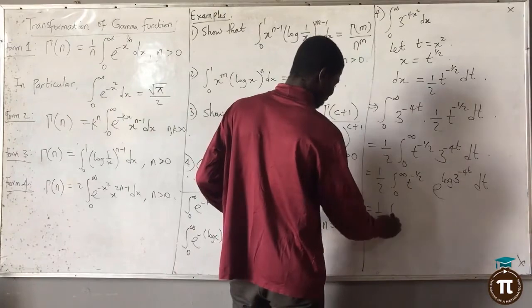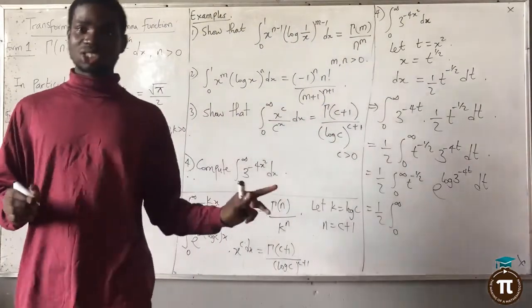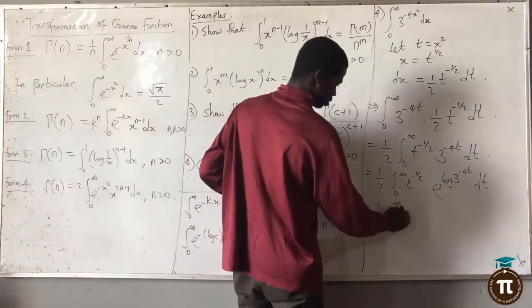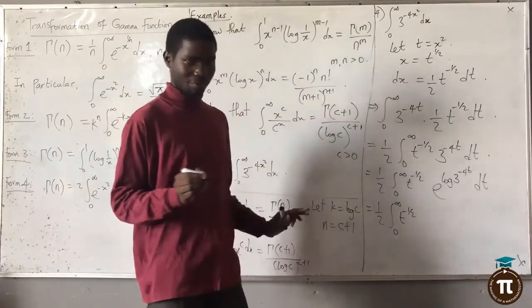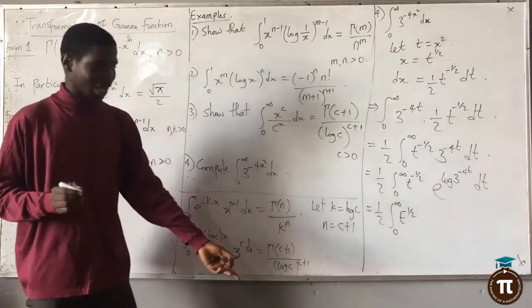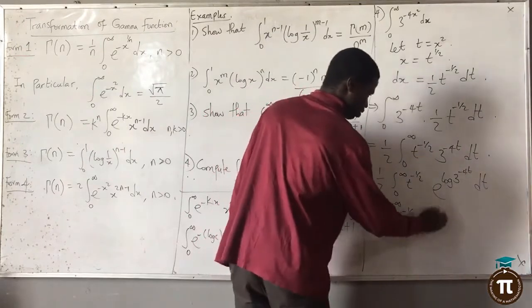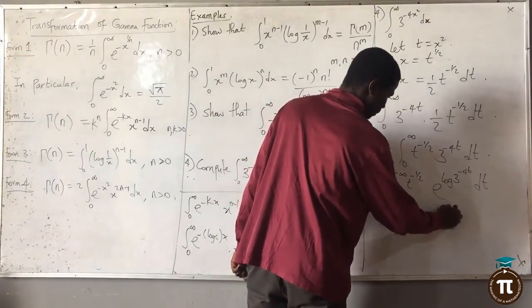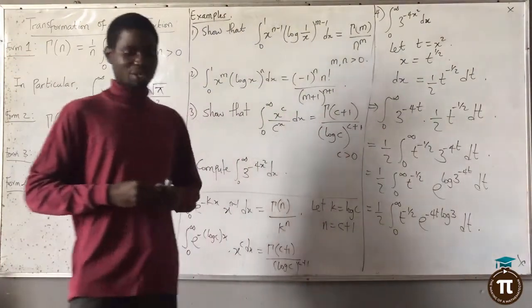Then this minus 4t can come to the front of the logarithm. I have e raised to the power of minus 4t log 3 dt.